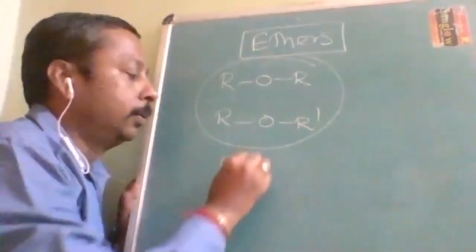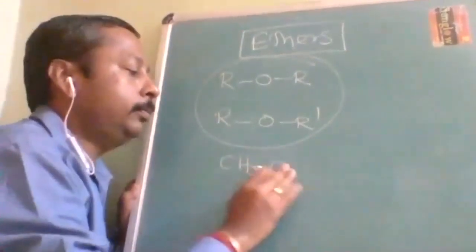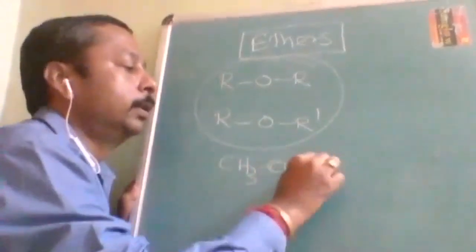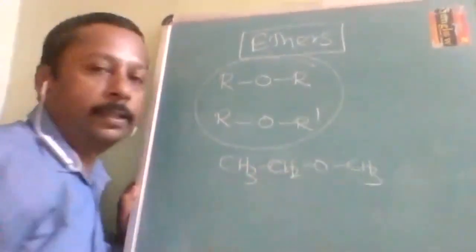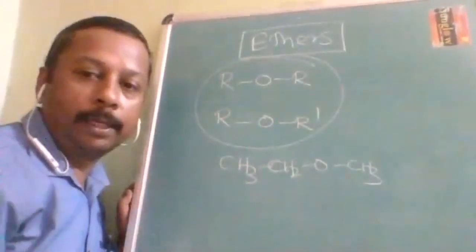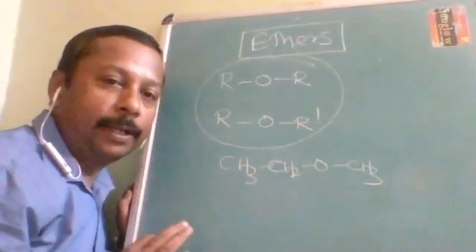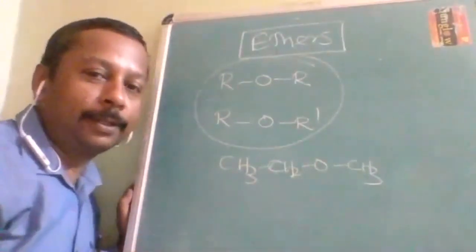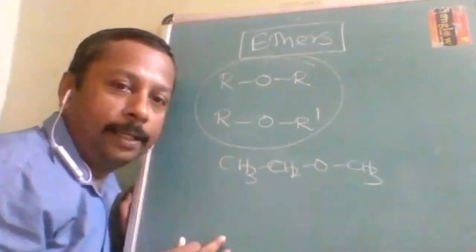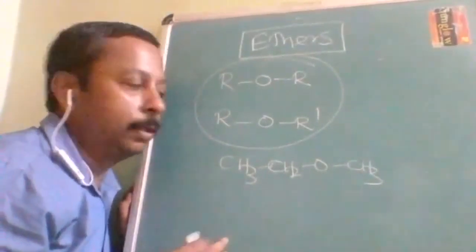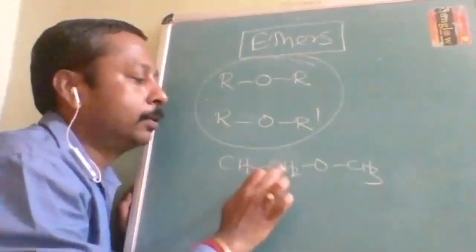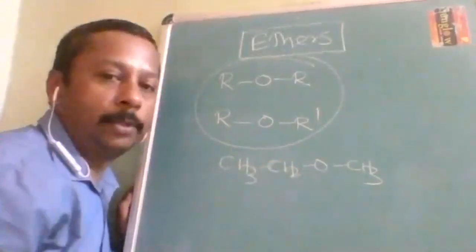So like this, suppose CH3 CH2 OCH3. This is a very simple example I'm taking. This type of question will never come in the near future, but for understanding the future questions, you should know this one. Here you have a chance to select the longest possible chain.